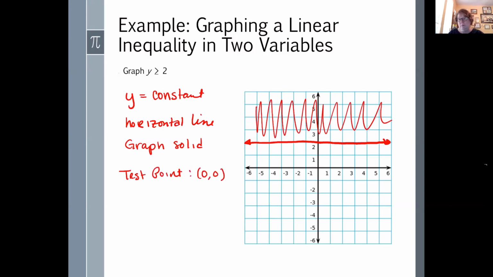Now, this inequality does not contain x, so we don't have to substitute x, but we would substitute y, and that is false. Since that's a false statement, we do not shade the region that contains that point. We shade the other region.